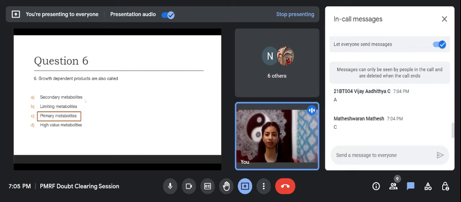Secondary metabolites are products that are formed by the cell when it is exposed to a particular sort of environment. For example, Sir taught you about glycolysis, in which glucose is converted to pyruvate. It is one of the very primary metabolic cycles that are there in almost all cells. That is the system through which we produce energy, right? So any enzyme which is present in that system is a primary metabolite. You require it for the cells to live.